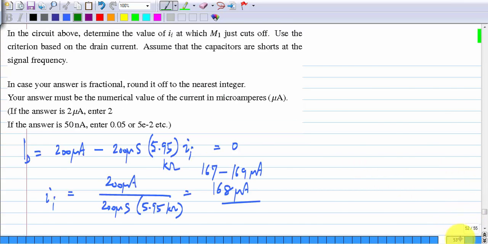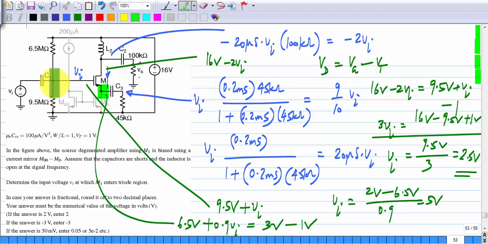So we calculated the upper swing limit, that is when M1 enters triode region, and that is 2.5 volts. We can also calculate the lower swing limit by assuming that this current source is ideal. Then M1 cuts off when Vi is minus 10 volts.